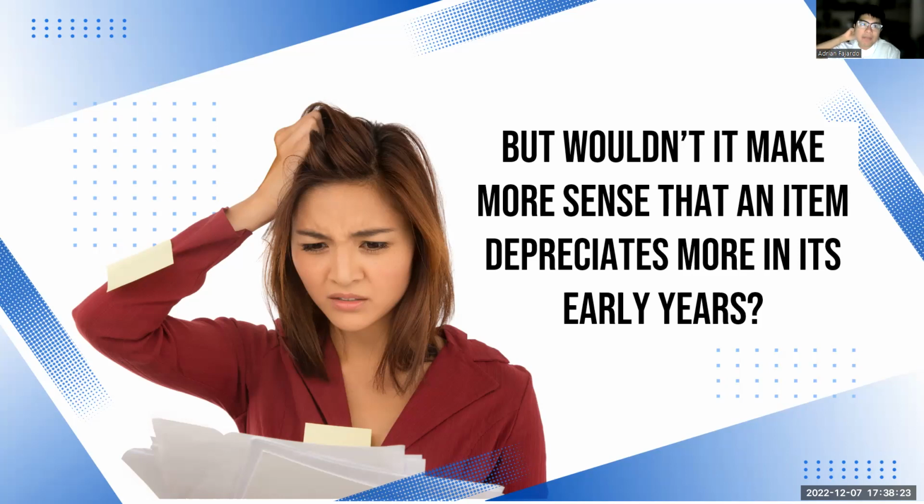And the declining balance was actually brought about by the argument na it's weird. Parang items don't really depreciate consistently over the years. Honestly, some people argue that computers mas nagde-depreciate siya in year 1 because and then paunti-unti yung depreciation niya as the years go by. Na mas, kware, if you have an iPhone 12, ang pinakabagsak niya in price is a 1-year-old iPhone 12.